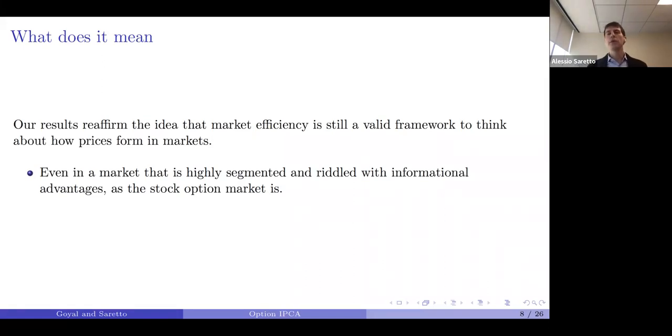The counterpart to this is that we like to think that some of these returns are due to risk. And here we are giving some evidence that there is, in fact, some risk being priced into the contract. So maybe the option market is not as inefficient as people used to think.